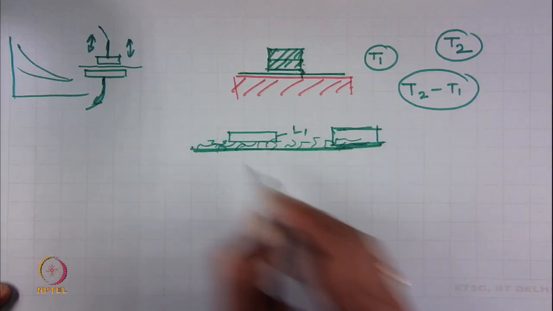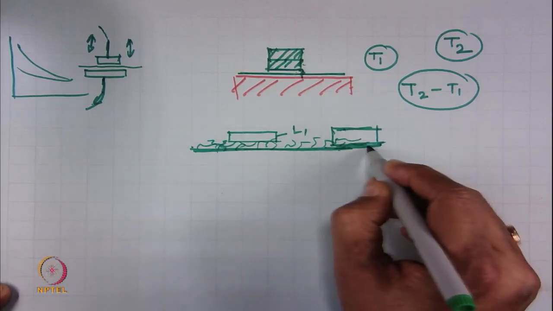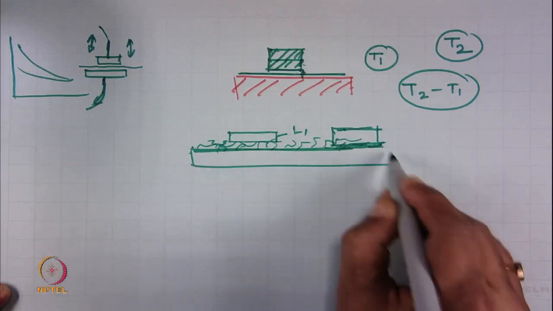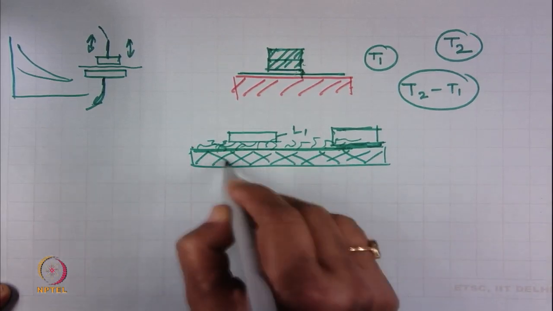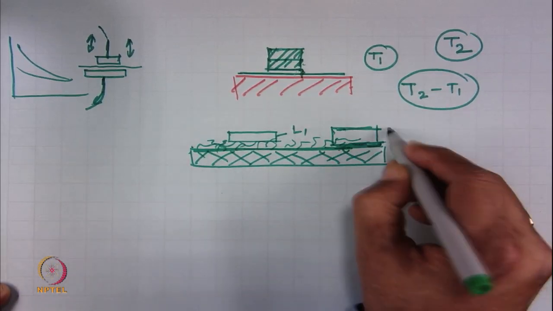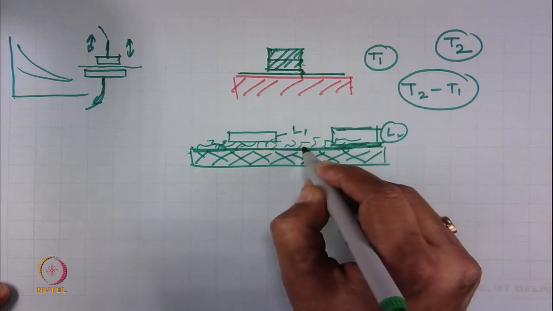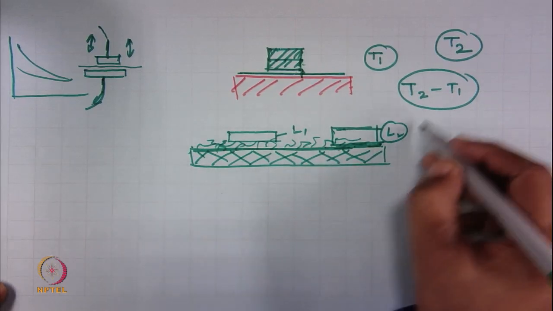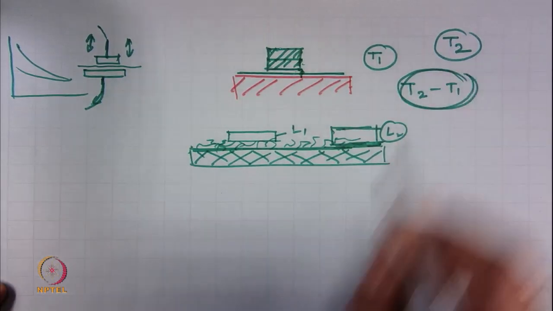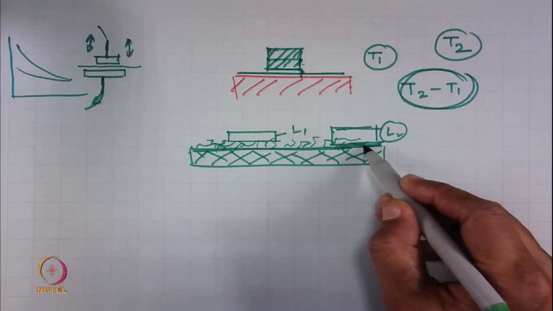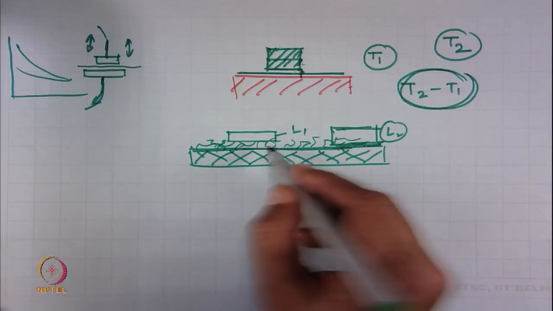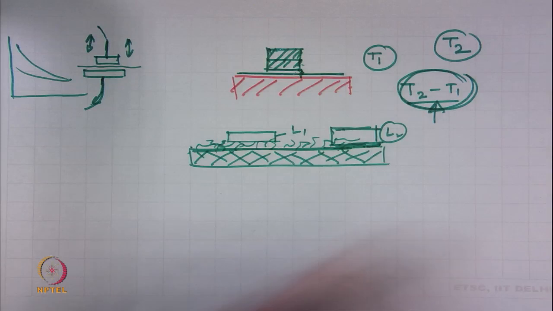Initially there was no deflection of the hair, and the load is not so high that it will deform the fabric. This load L 2 will deform the hairs only. That means the difference between T 2 and T 1 is not the deformation of the fabric, it is the deformation of the hairs. That is why this difference is called surface thickness, which indicates the hairiness of the fabric surface.